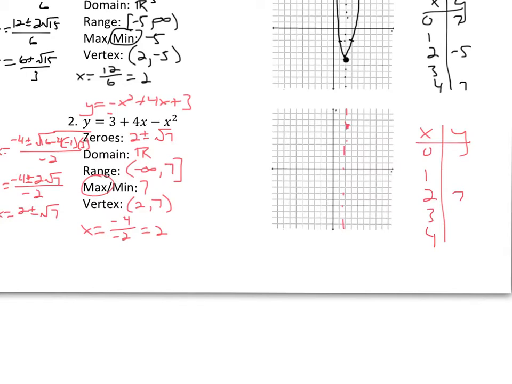Zero, 3. It's going to be the same over at 4. All right, the 1, plug in 1 for x, and you're going to get negative 1 plus 4 is 3, plus 3 is 6. So 1 and 3, they're both there. All right, this one you see is less skinny than the last one. And that's your graph.